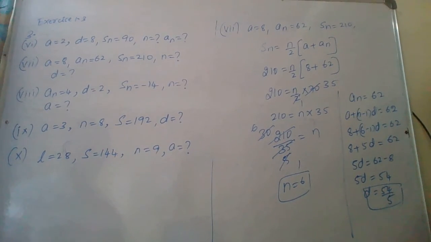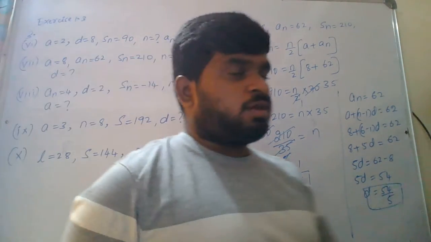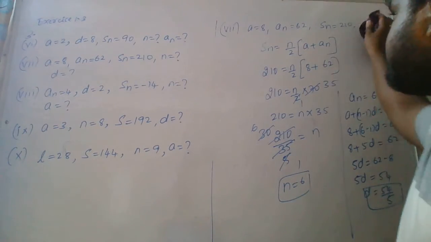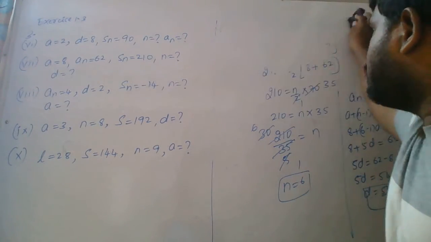Okay, let's get on to the next one. an is 4, d is 2, Sn is minus 14. What is n? What is a? Okay, then. Let's get into the next one.